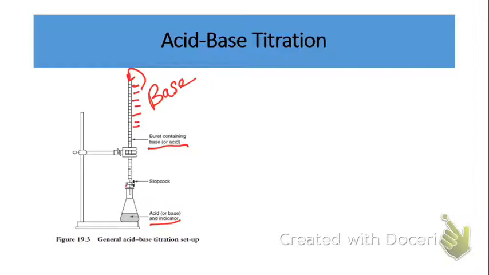Now, the burette has a stopcock on it, so that it does not allow the volume to escape into the flask until you want it to do so. And so as soon as you want to start adding base to the acid, you move the stopcock to allow the base to begin dripping into the acid, and the titration will begin.